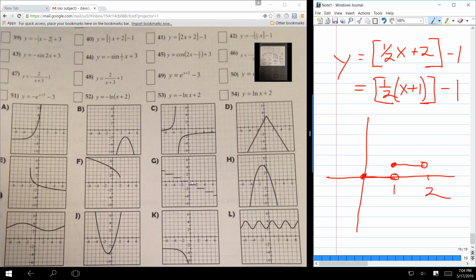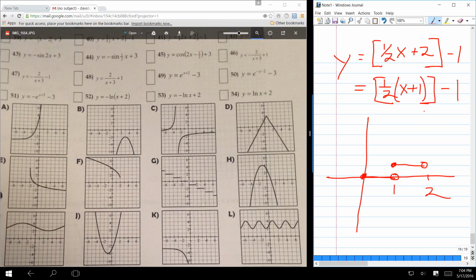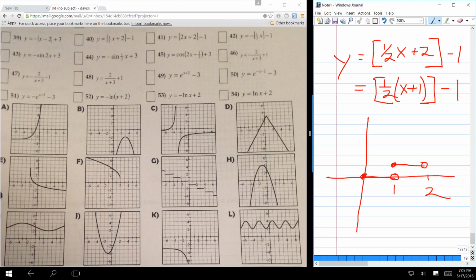It's also shifted 1 to the left, but not down 1. Now, on this greatest integer function, a shift to the left looks exactly the same as a shift up. Notice that if I were to take my standard and move everything to the left, no, it doesn't look right. It doesn't look exactly the same, does it? No, it would look a little different.